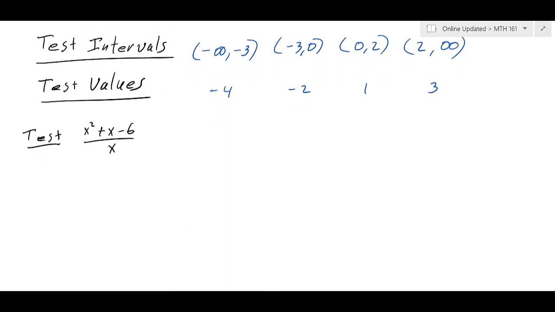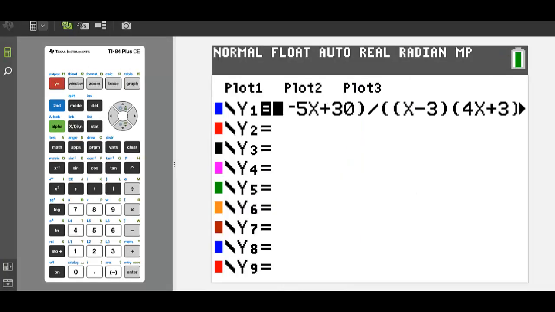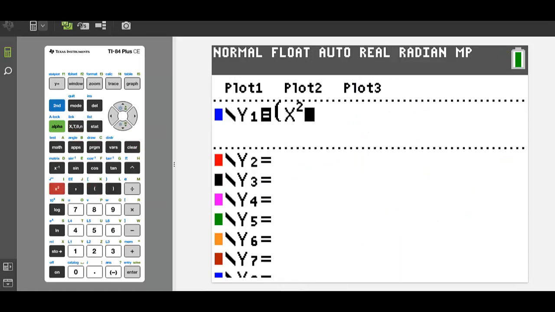So if I go to the calculator, we can type in parentheses x squared plus x minus 6, close parentheses, divided by simply x.